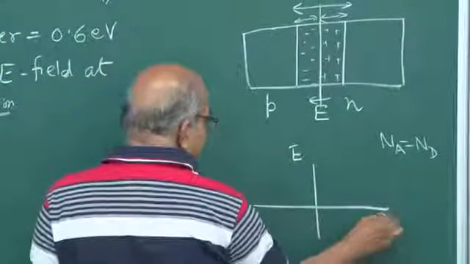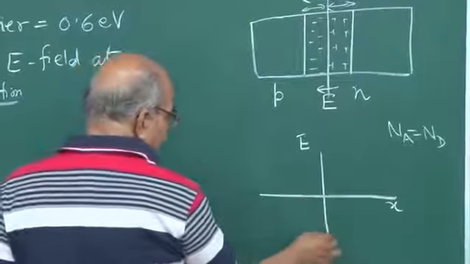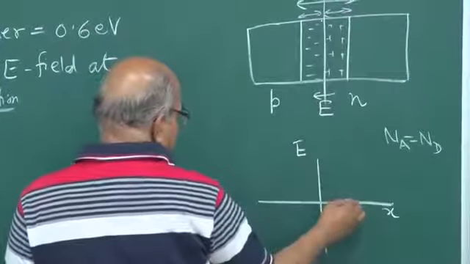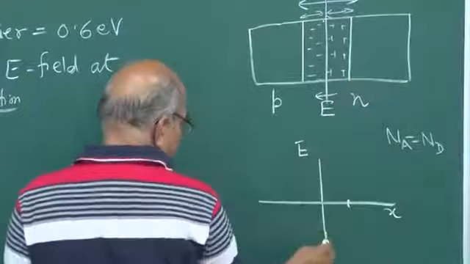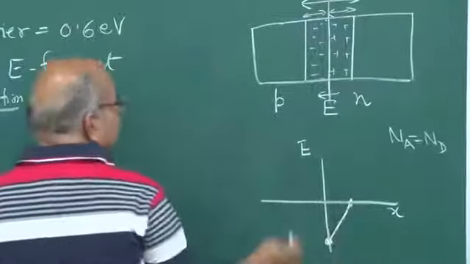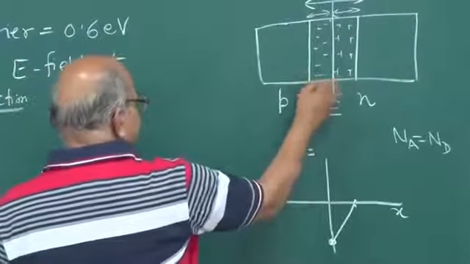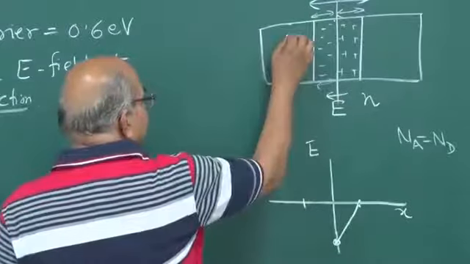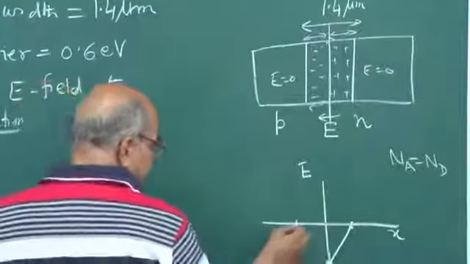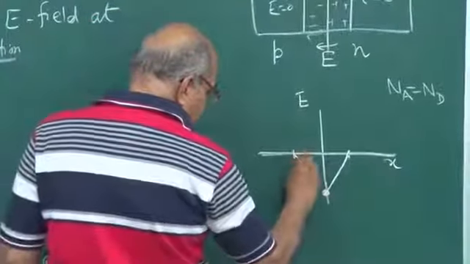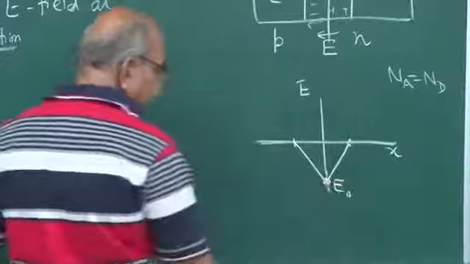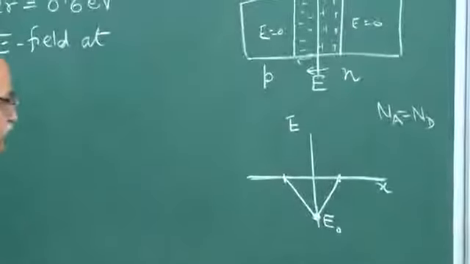So if E is here, x is here, then you have electric field somewhere here, and when the depletion layer ends, the electric field becomes 0, and it is linear. Same story on the other side. The electric field is still in the same direction, so it is negative, and beyond the depletion layer it is all 0, and this is also linear. Let us say this is E naught, or you can call it minus E naught if you so wish.